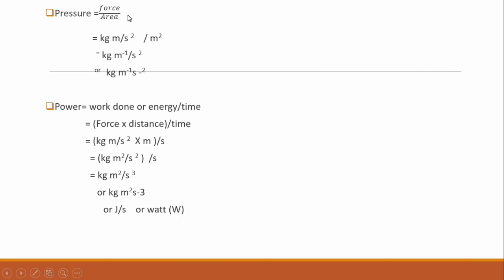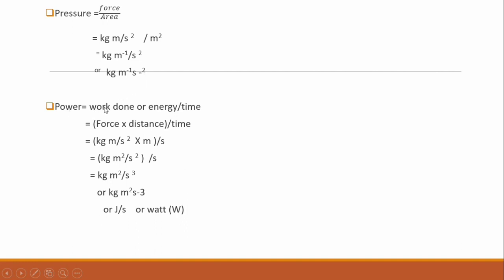Pressure mathematically is given by force acting normally per unit area, force divided by area. Force is kg meter per second square, divided by area, which is in meter square. Don't forget area is the denominator and this is division. So if you do the mathematics, you have kg per meter per second square.